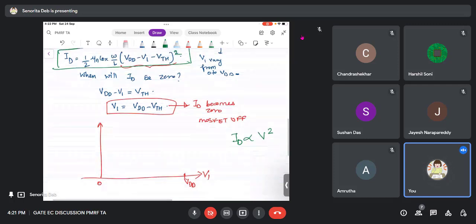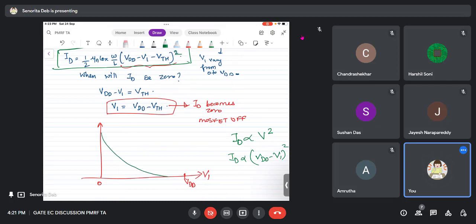ID is proportional to V square, but we have to plot with V1. Now ID is proportional to (VDD minus V1) square, right? So V1 is subtracted. That's why it is an inverse relationship.